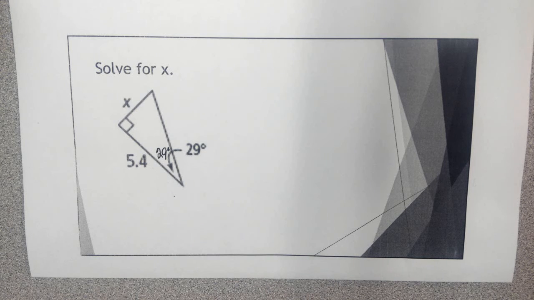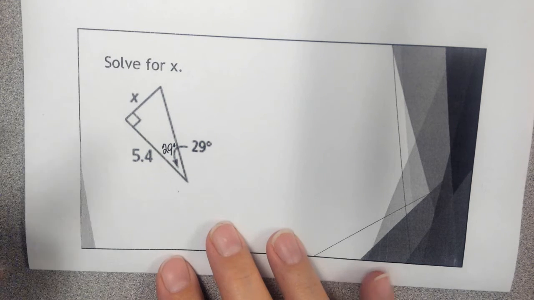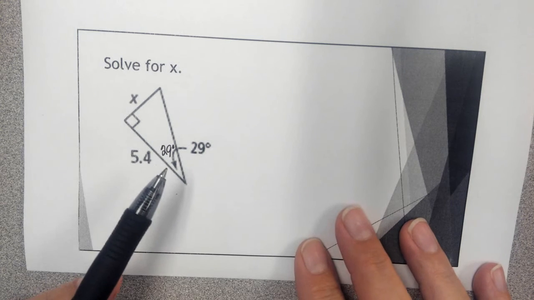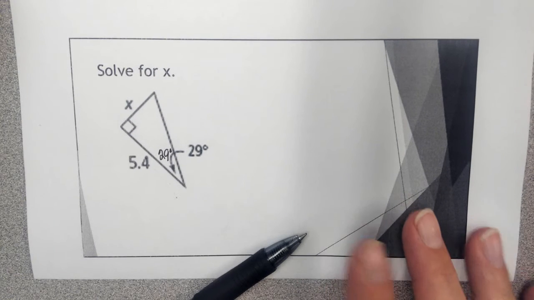Sometimes it just doesn't fit very well. So I can't do the Pythagorean theorem because you have to already know two sides to find the third one. It's not a special case because the only two special cases we have are 30-60-90 and 45-45-90. I don't have either of those. I'm really close. 29 is close to 30, but not quite 30.